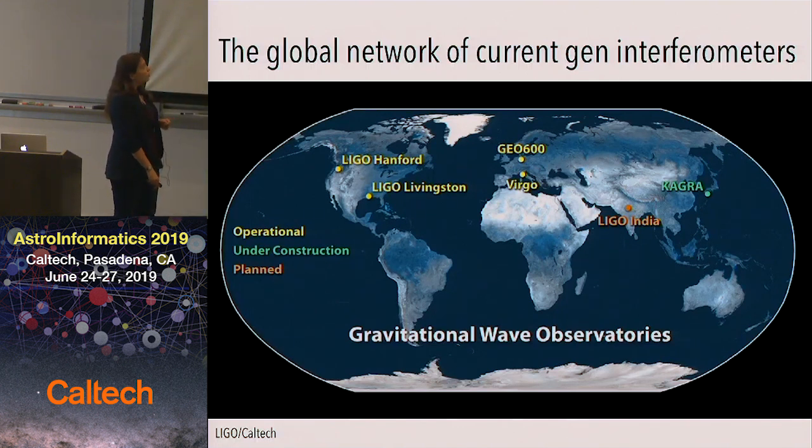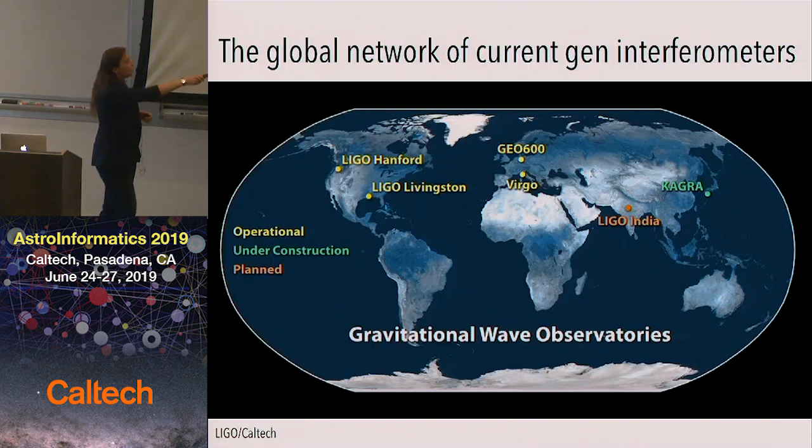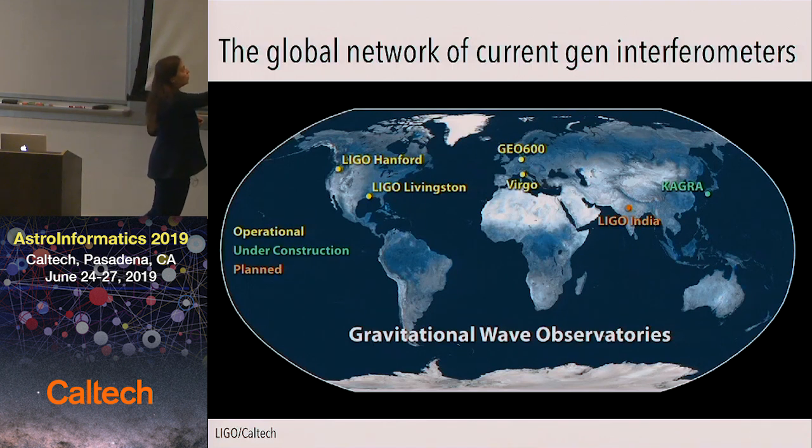So we have a full global network of interferometers that are coming online, this year and into the future. Online and operational right now for the 3rd observing run, we have the 2 LIGO detectors in the US, in Washington State and Louisiana. We have the sister site Virgo, which is a 3-kilometer detector in Italy.